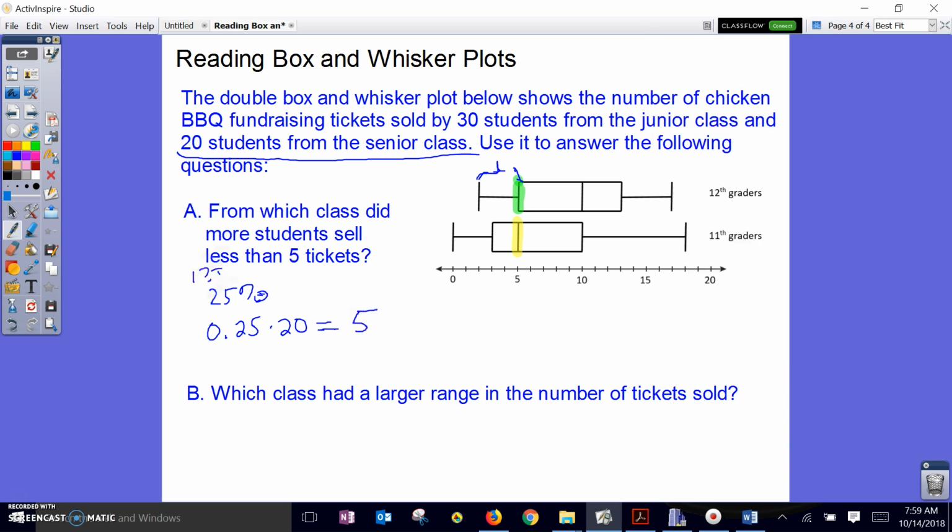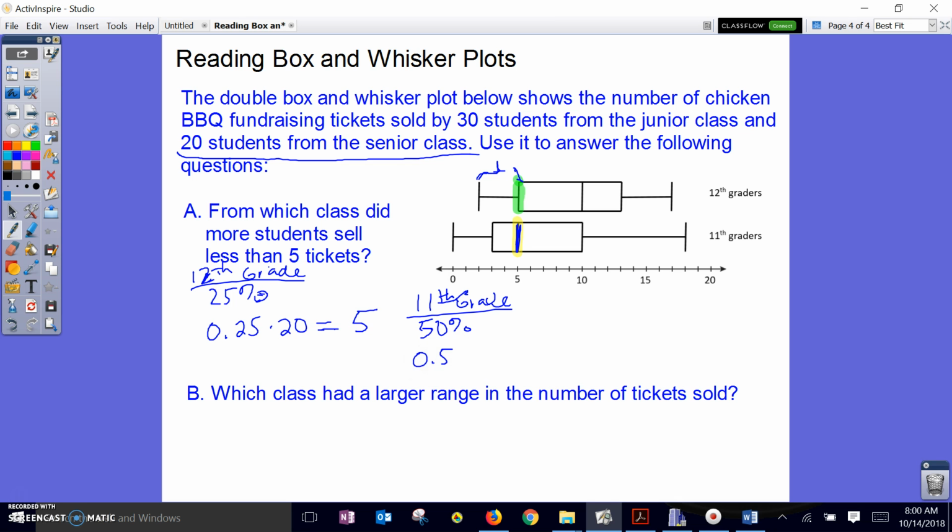So for 12th grade, there were 5 students that sold less than 5 tickets. For 11th grade, the value of 5 is the median. So 50% of the students in 11th grade sold less than 5 tickets.